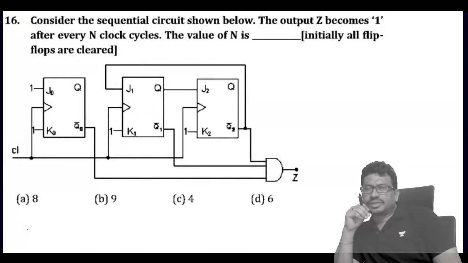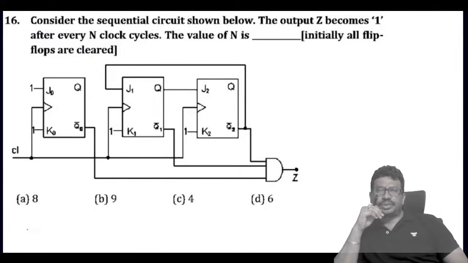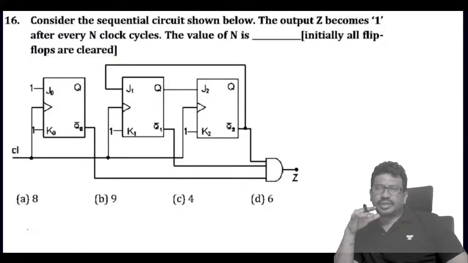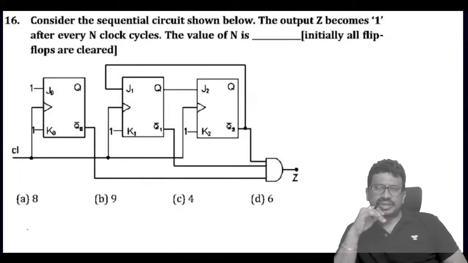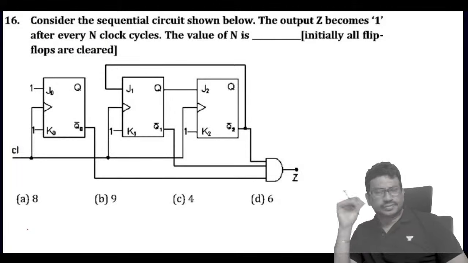Consider the sequential circuit shown below. The output Z becomes 1 after every n clock cycles. The value of n is?